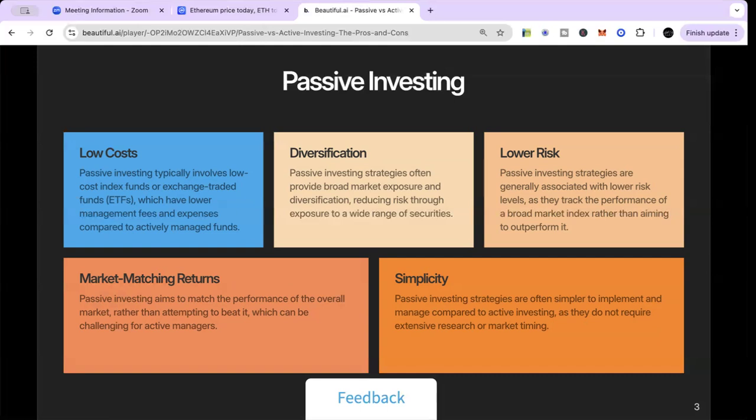So a passive strategy, even though it may not make as much money in the short term as an active strategy, is going to significantly reduce risk through costs, and through exposure, because it's going to let you invest in a wide range of securities. Securities is just stocks, or commodities.